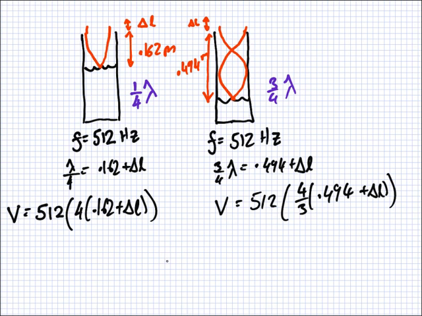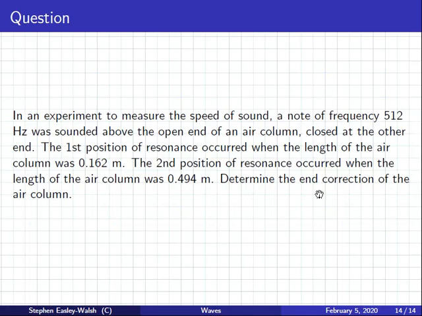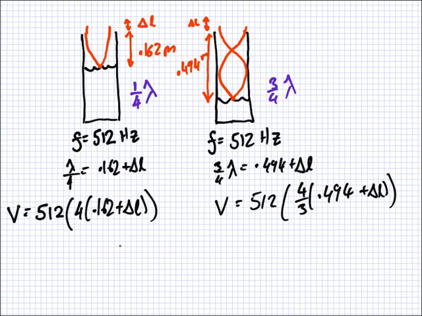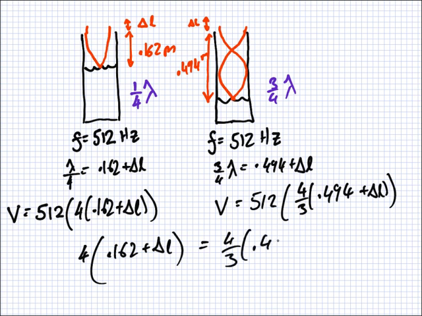We want to solve for, what do we want? Determine the end correction. So we want the delta L. So I think I can make these equal. If I make these equal, I get 4 times (0.162 plus delta L) equals 4 over 3 times (0.494 plus delta L). I can cancel the 4.